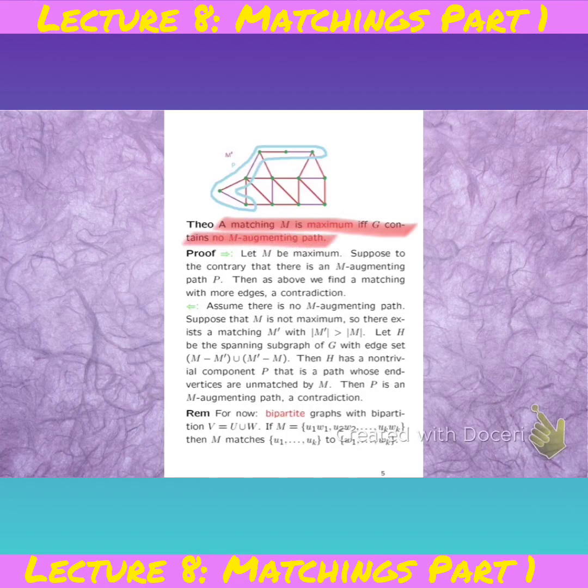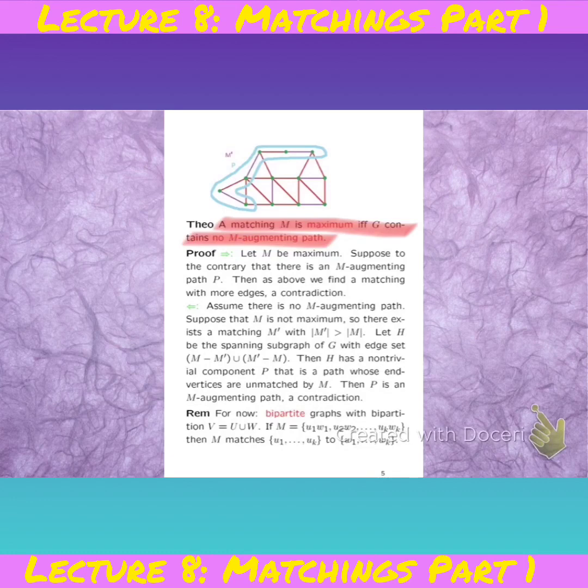So this is a nice little characterization, or a necessary and sufficient condition, for a matching to be a maximum matching. We'll prove this by using the idea that I've just illustrated, that if you have such an augmenting path, you can construct a particular matching that is larger than M.